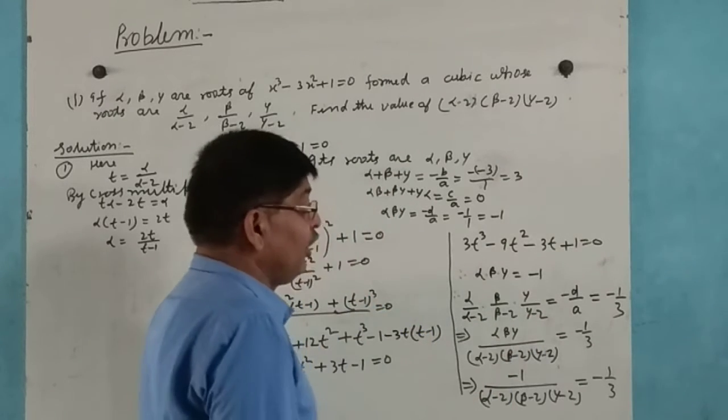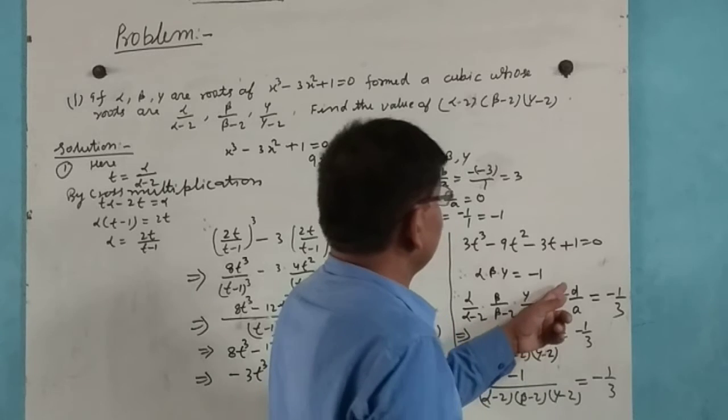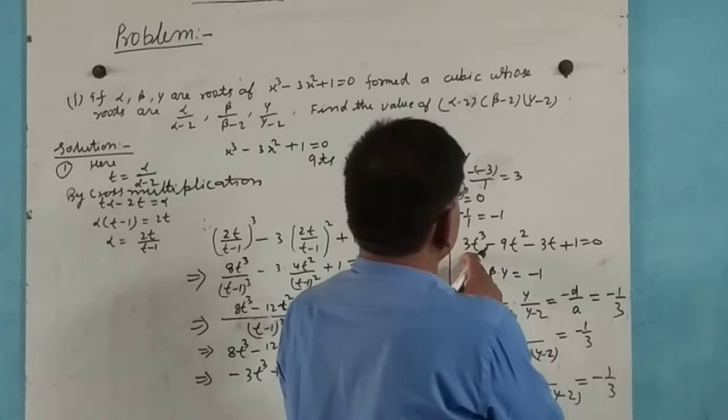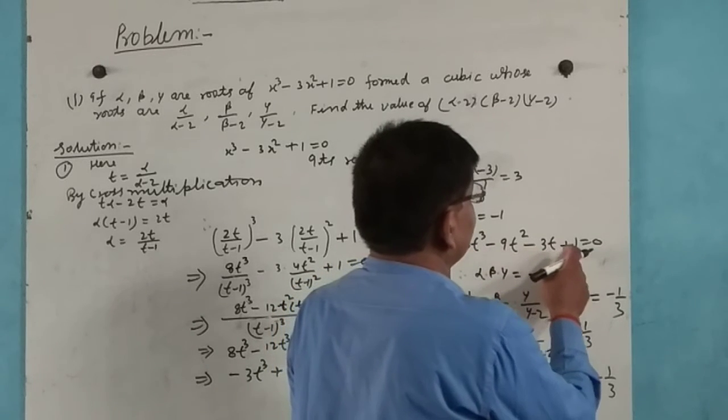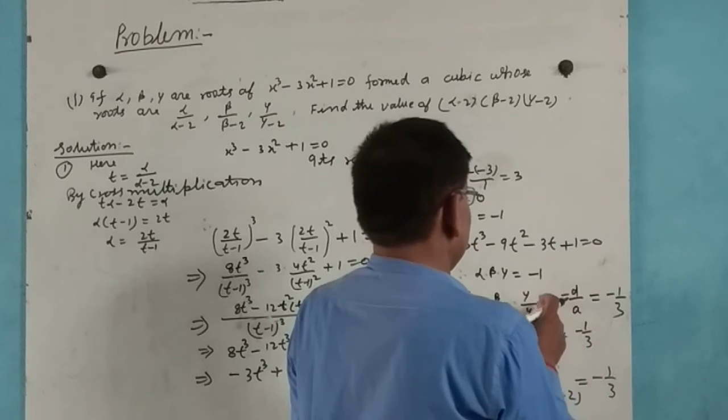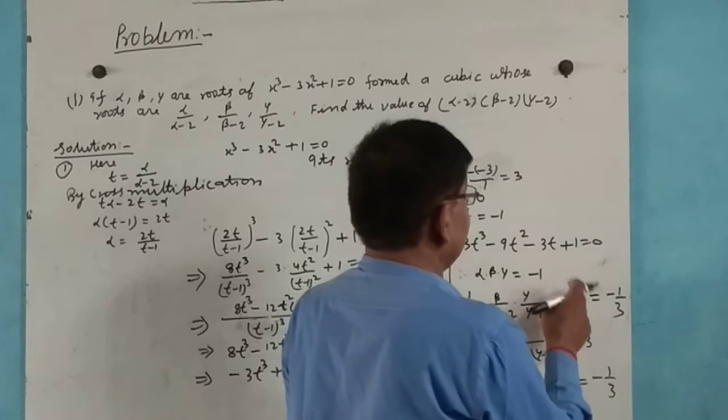This is given. For the product of roots of ax cube plus bx square plus cx plus d, the product equals minus d by a.